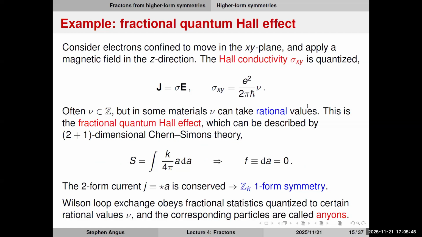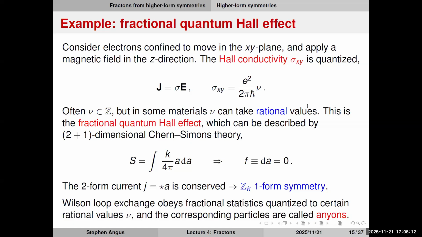The relation between the electric current and the electric field is in general a tensor called the conductivity, and the XY component of that tensor is the Hall conductivity, which relates the electric field in the X direction, for example, to the current in the Y direction, due to this magnetic field in the Z direction.